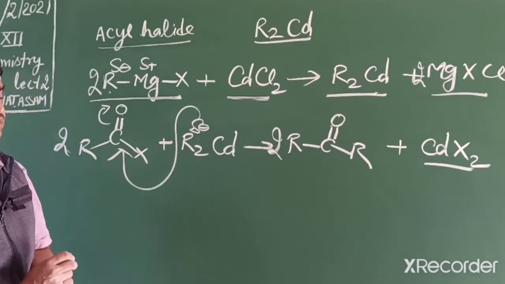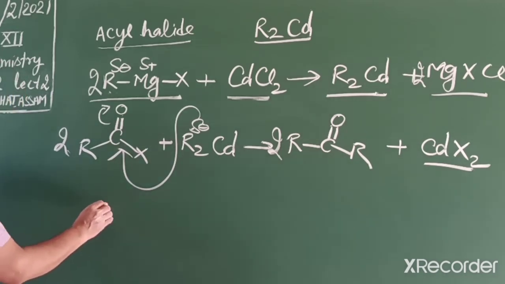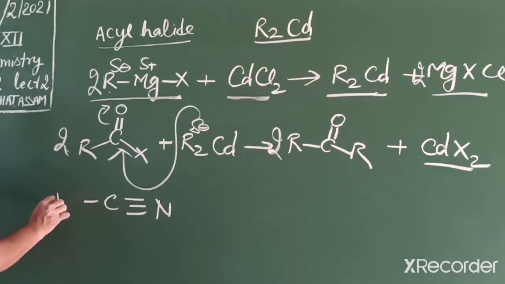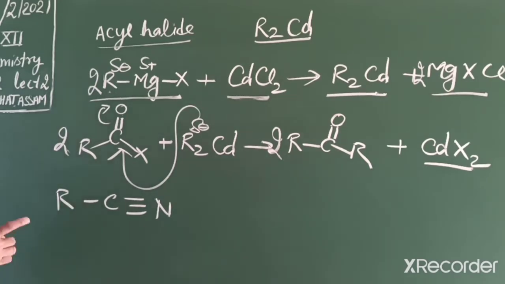Now from nitriles. Another method to prepare ketones is from nitriles. From nitriles we already prepared aldehyde by a special reaction, that is Stephen reduction or Stephen reaction.